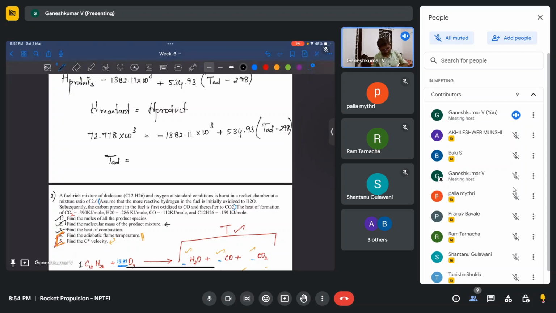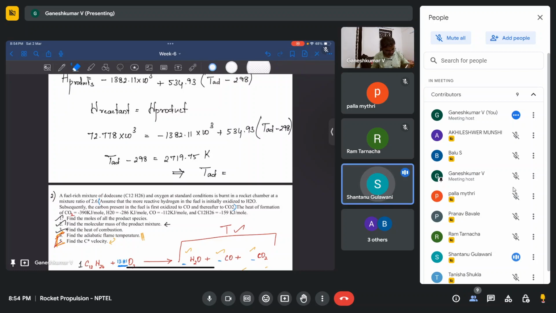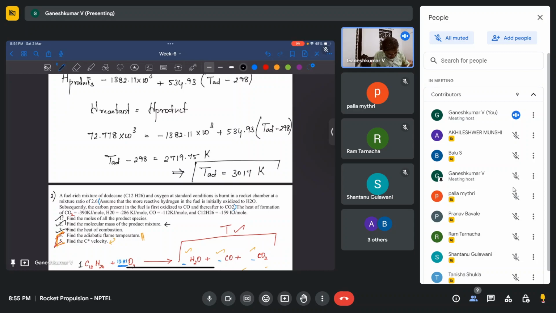So T adiabatic minus 298 is coming out to be 2719.75 Kelvin, which means T adiabatic would be plus 298, 3017 Kelvin. So this is your T adiabatic.